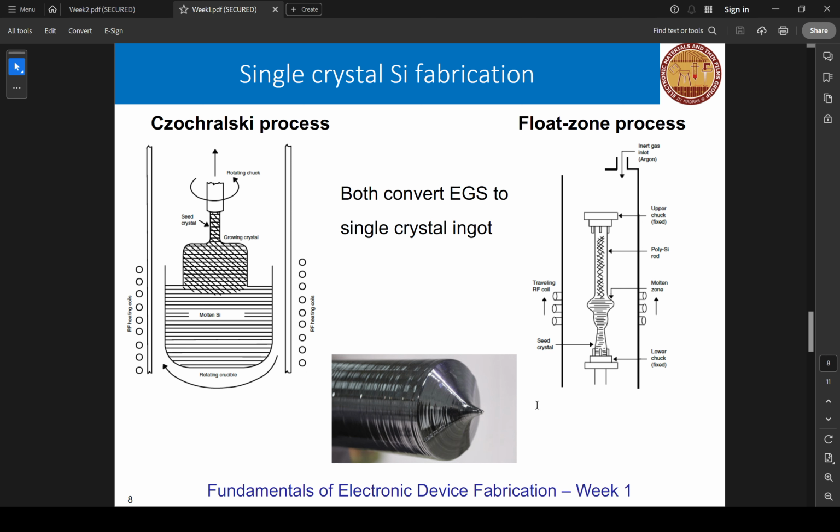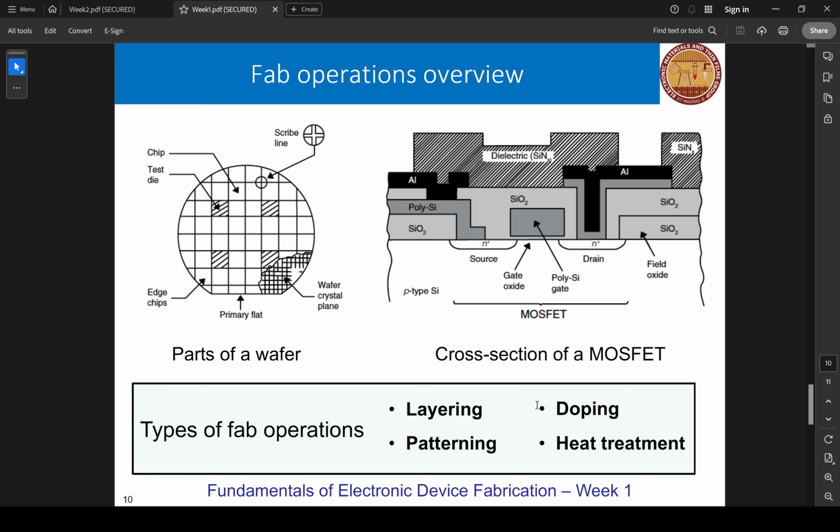I make MOSFETs in 2D. So let me tell you how a MOSFET works. If you see your source and drain, they are N type, right? And your middle part is P type. When you apply a voltage on your gate, on a polysilicon gate, it changes this P type to N type.